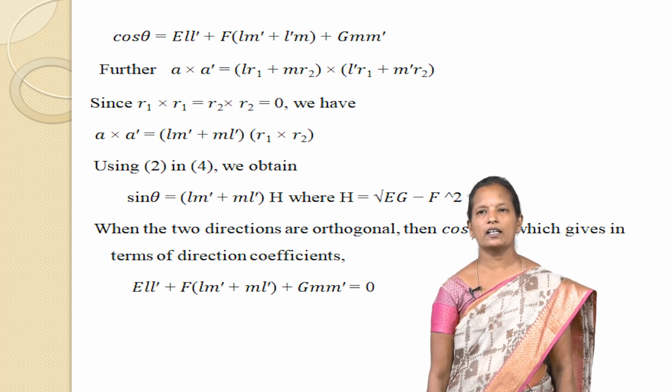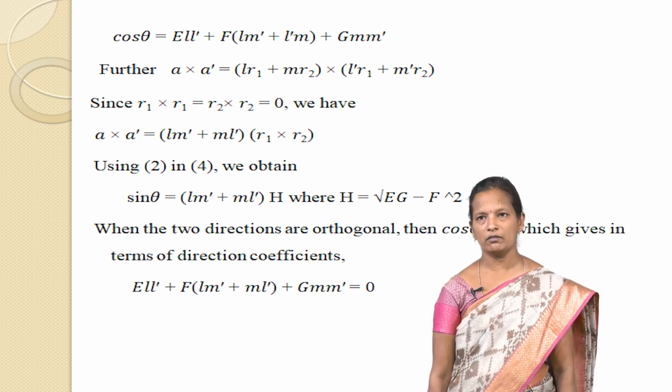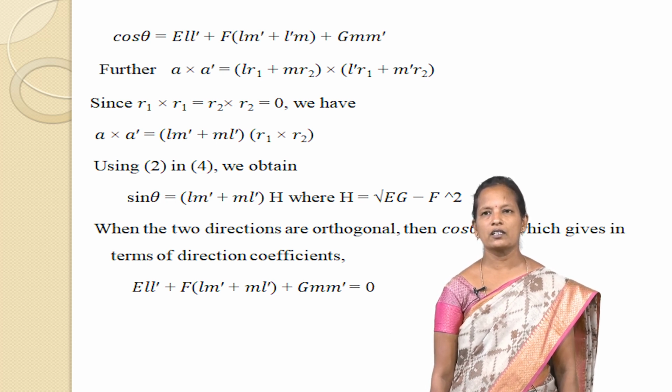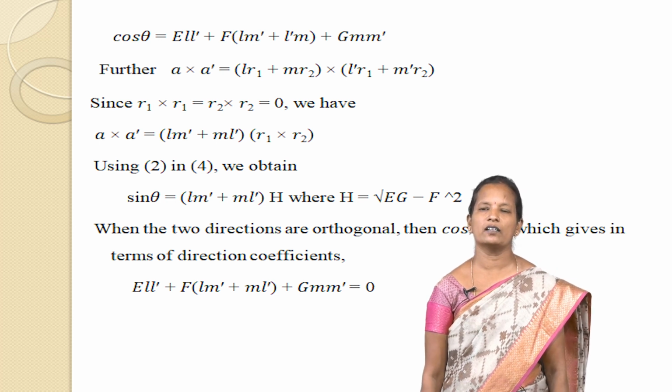Further, A cross A dash, already A dot A dash, the value is in the previous slide. Now let us go for the cross product of A and A dash. Taking the cross product, A value is L R1 plus M R2 and A dash value is L dash R1 plus M dash R2. The dot product of R1 with R1 and R2 with R2 is 1, but the cross product of the same vectors is 0.